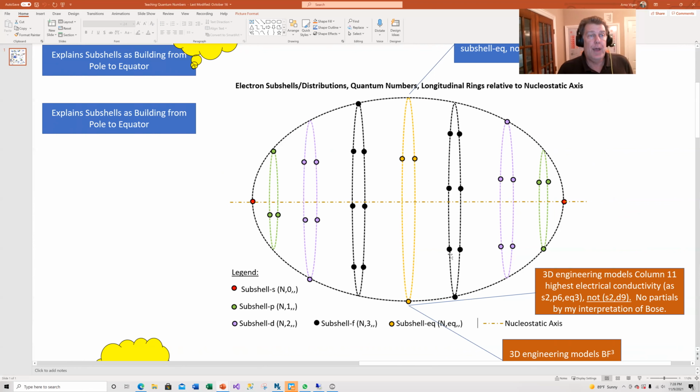So if you have column 1, that's just 1, and it likes to release that electron and become an ionic bond. If you have 2, you get a polar bond. If you have 3, you might get a triplanar because you have 1, 2, 3, and they're right all around this equator. This happens in boron fluoride.